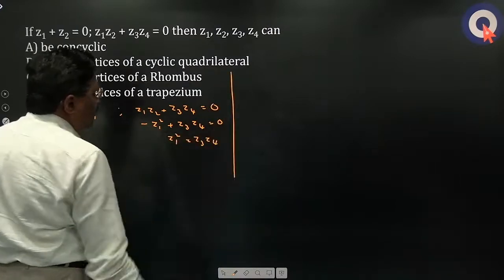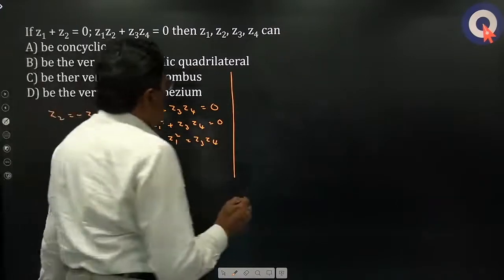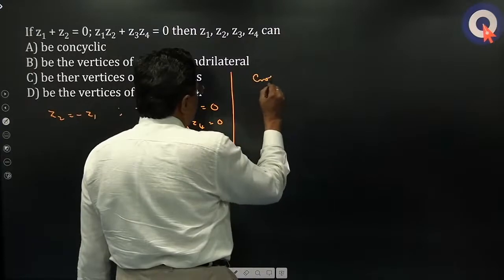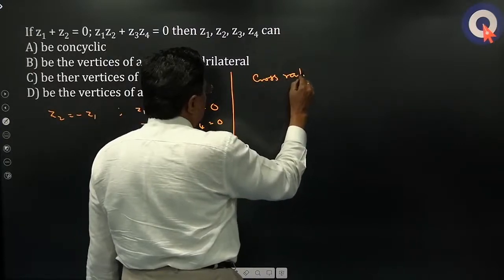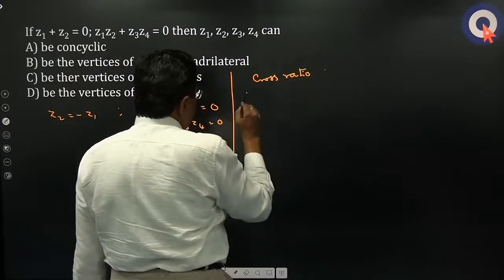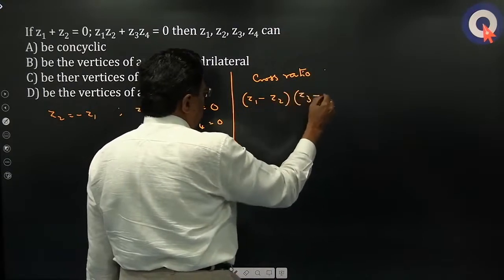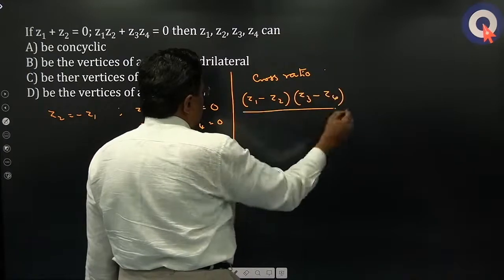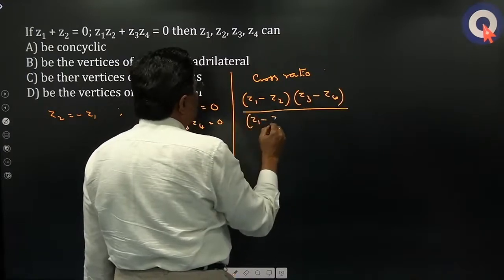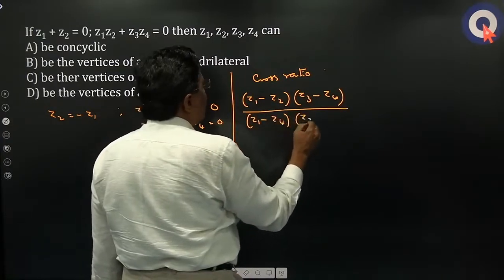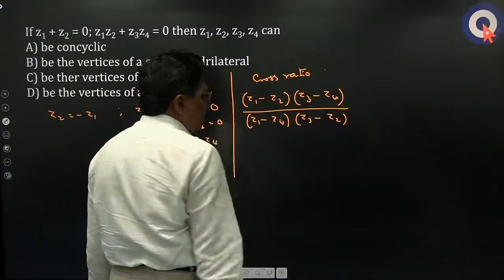Now let us consider a cross ratio. So I am considering the cross ratio z1 minus z2 into z3 minus z4 by z1 minus z4 into z3 minus z2. Any cross ratio you can consider.